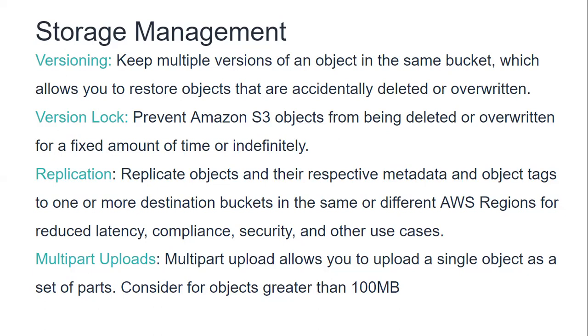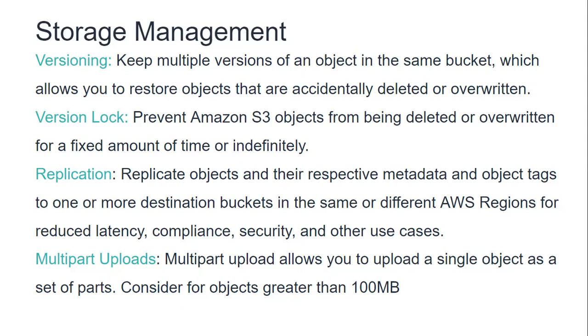I could actually go back and reference the old one. This allows you to keep multiple versions of the same object, and then you can restore a previous version if you accidentally deleted a certain version, or you've overwritten another version, right?